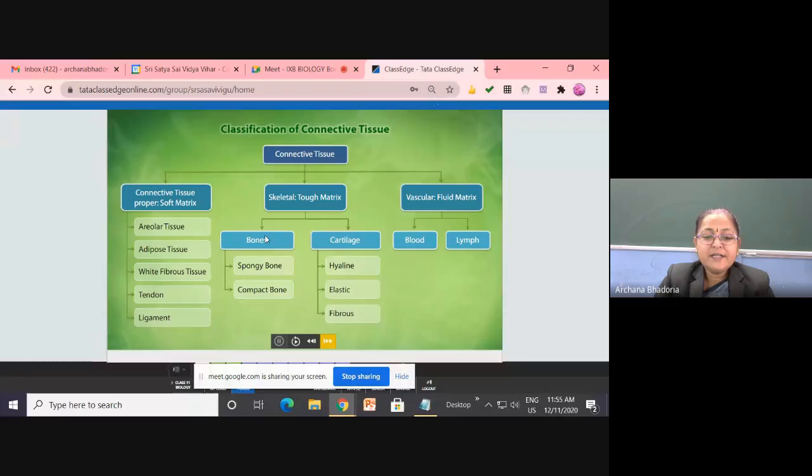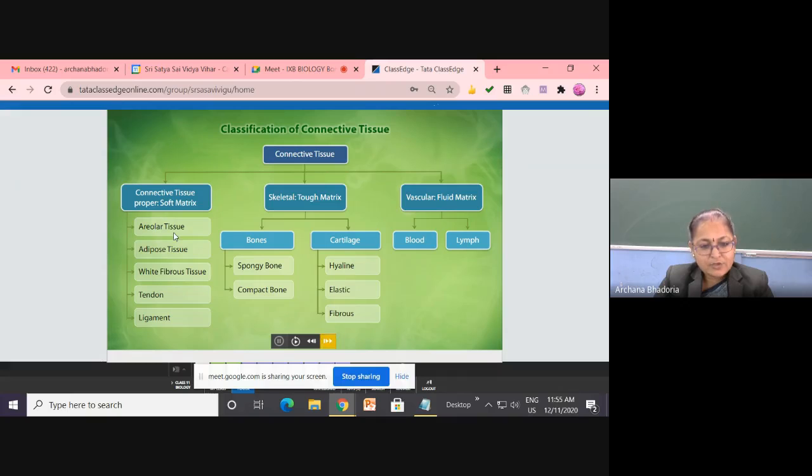Now, everyone take down this classification quickly. I have just given you the question: classify the connective tissues. So children, take down this flow chart. The connective tissues are classified mainly as the proper connective tissues, then the tough skeletal connective tissue, and then the vascular connective tissue. The proper connective tissues are which ones?